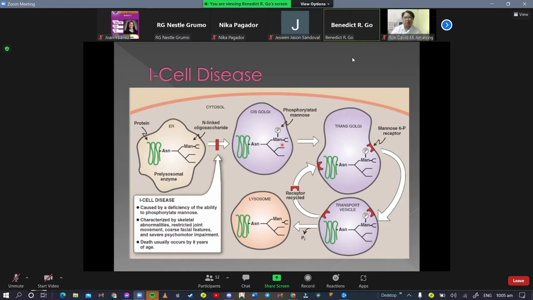So the enzyme, instead of being targeted into the lysosomes for proper functioning, is targeted elsewhere, sometimes outside of the cell. So I-cell disease is caused by a deficiency of the ability to phosphorylate mannose. The characteristics of a patient with this disease include skeletal abnormalities, restricted joint movement, coarse facial features, severe psychomotor impairment, and usually, sadly, death occurs by 8 years of age. So not very good.